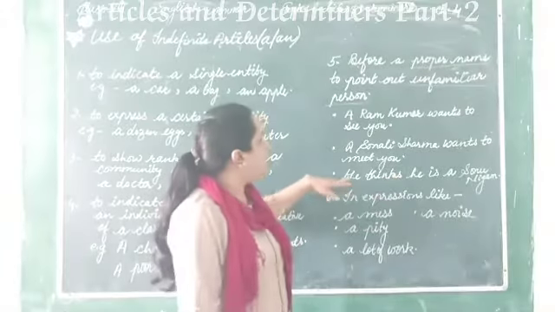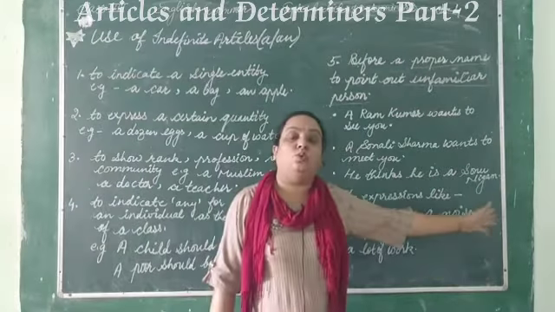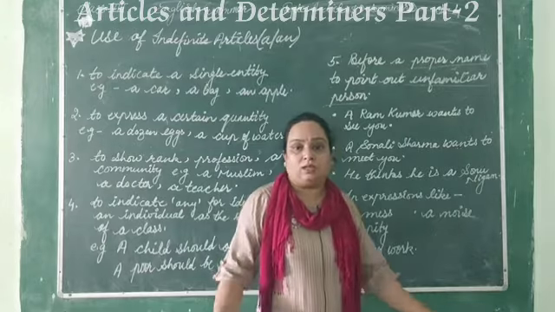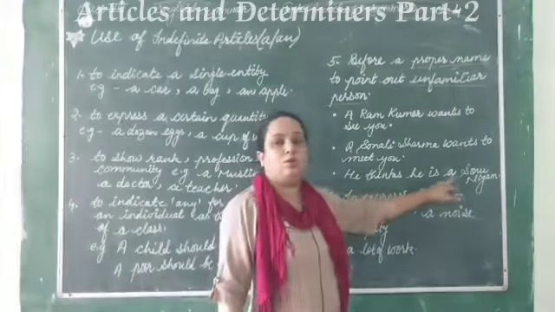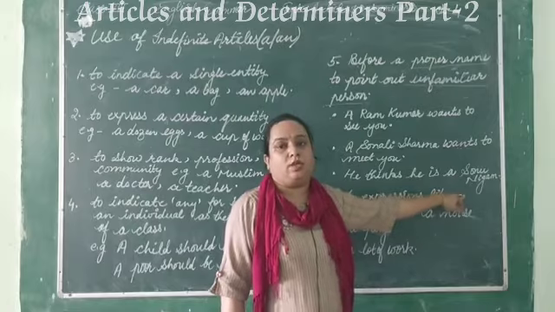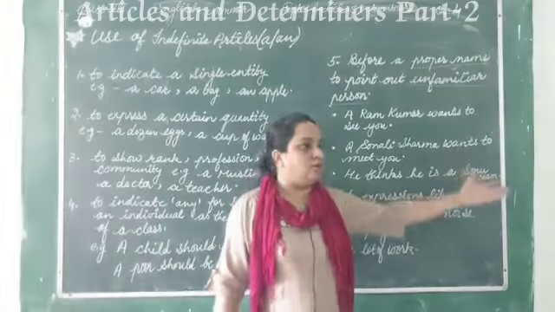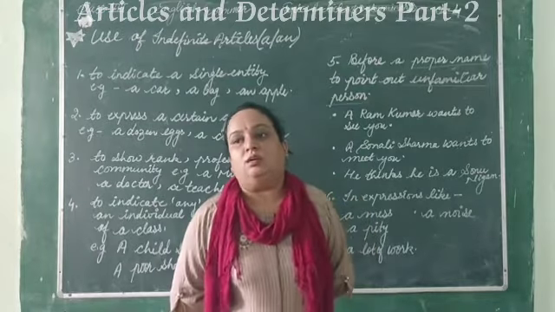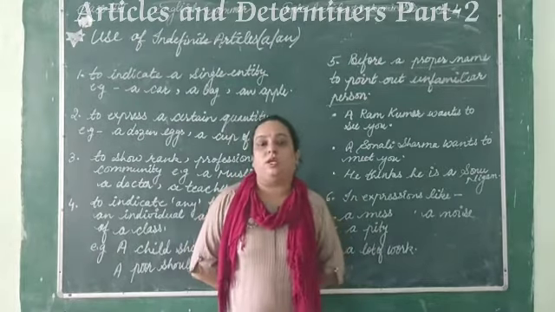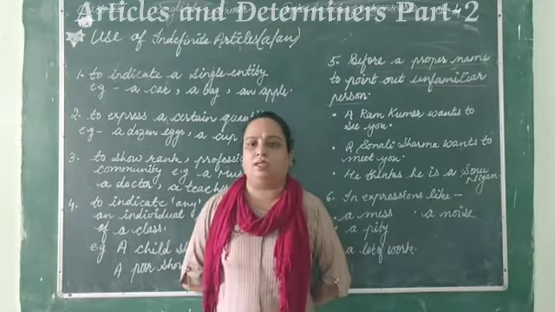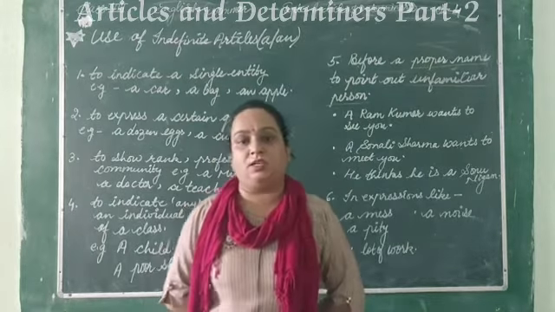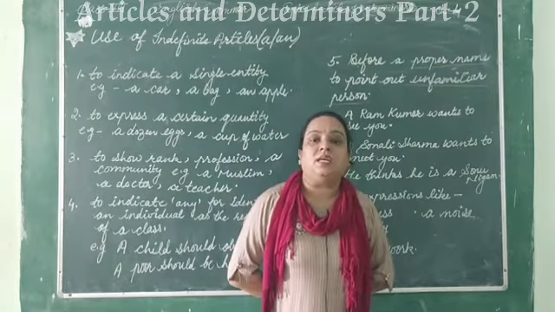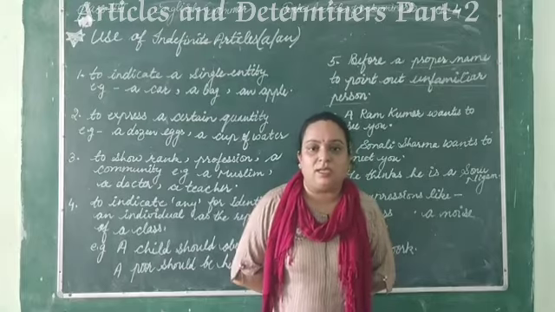Something like that. He thinks he is a Sonu Nigam. Here also कि उसको लगता है कि वो सोनू निगम जैसा सुरीला गाता है, right? So here in this case also we can use a Sonu Nigam, right? Suppose if you want to comment on someone who is thinking that he is very good at science or English, or no one else is as intelligent as him or her, so here you can say he thinks that he is an Einstein because E is there, right?